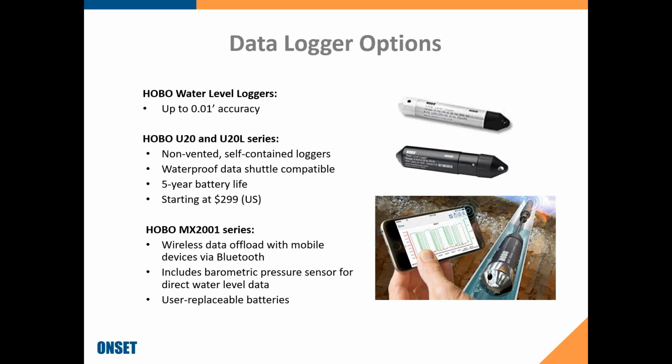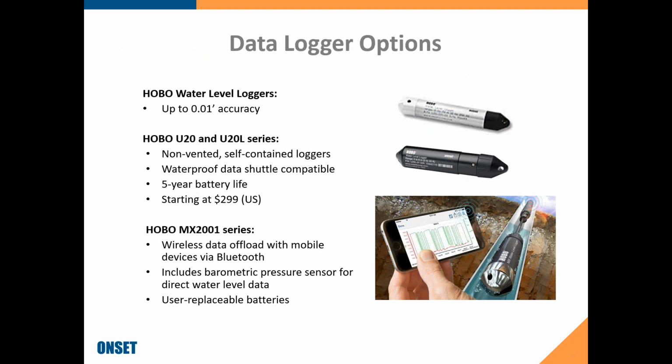And more recently, we've come out with the MX 2001 series, and these also have the Bluetooth technology, which means you can offload them and configure them with a mobile device such as an iPhone, just like the MX 2200 series I just mentioned.